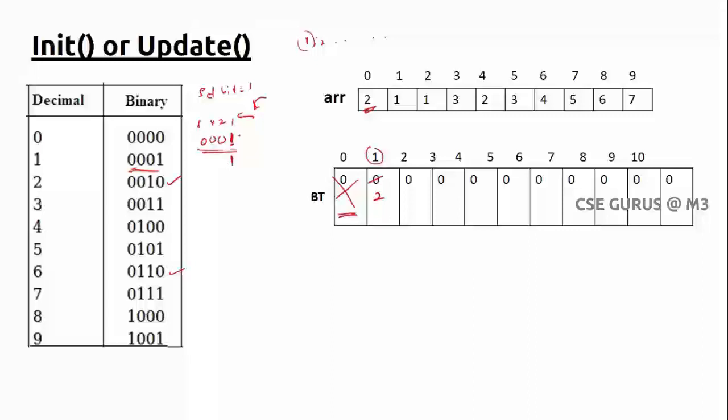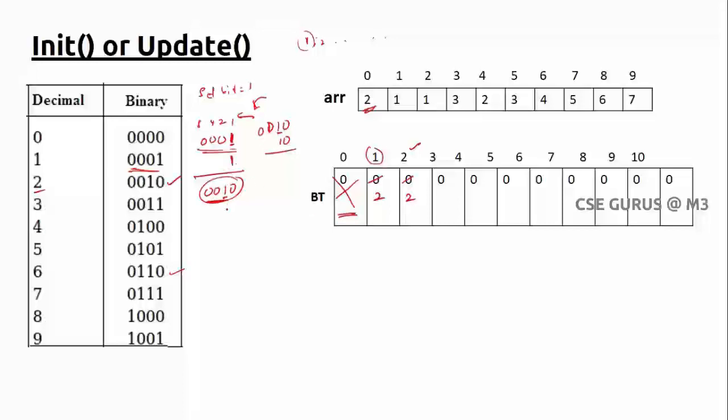Let us suppose the rightmost set bit is like this, 0 0 1 0, then add 1 0. Here the rightmost set bit is 1, so I'm adding 1. So 0 0 0 1 plus 1 becomes 0 0 1 0, which is 2. Go to index 2, and there also you keep the value, already it is 0, plus 2, now it is 2. Okay, now what you need to do, so where is the set bit?